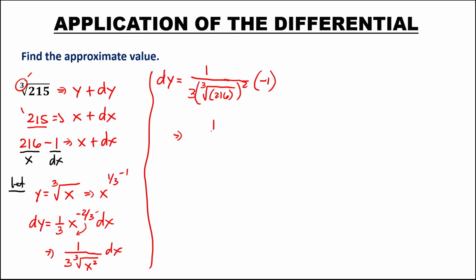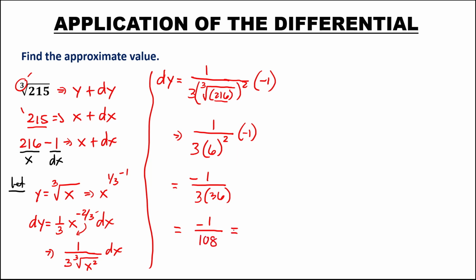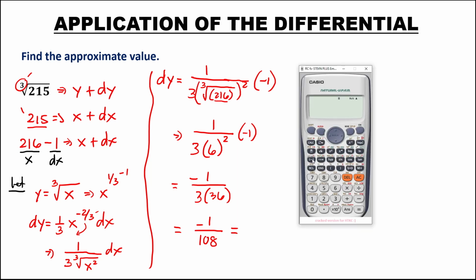To simplify, we have 1 over 3 times the cube root of 216, that's 6, to the power 2, times negative 1, which is negative 1 over 3 times 36, or negative 1 over 108.